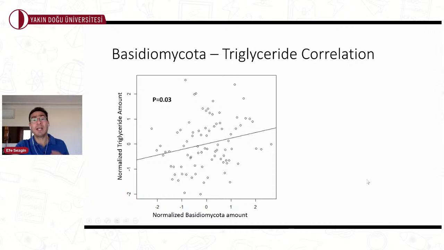And when we looked at whether any of the taxa here has anything to do with these metabolites, so has any effect on the host metabolism, we observed that Basidiomycota amount and the triglyceride amount show a correlation. None of the other correlations were statistically significant, but this showed a statistically significant correlation. So this suggested that Basidiomycota may have something to do with the fat metabolism in these fruit flies.